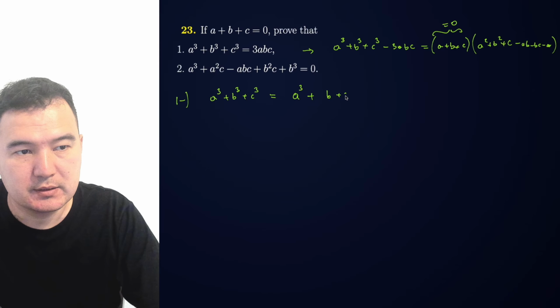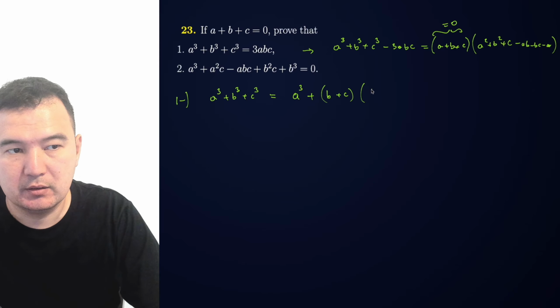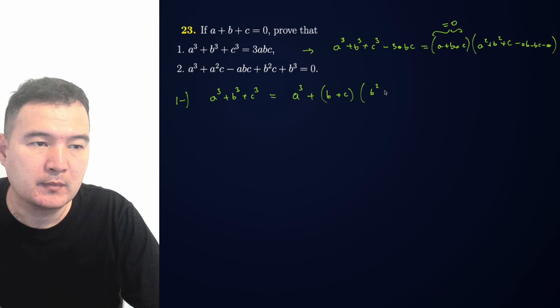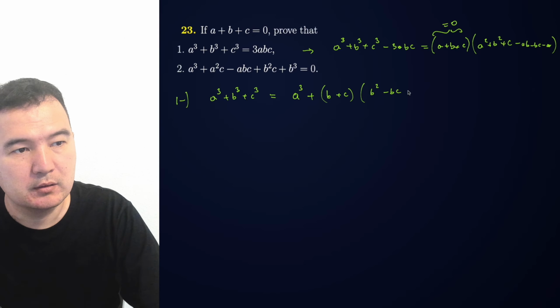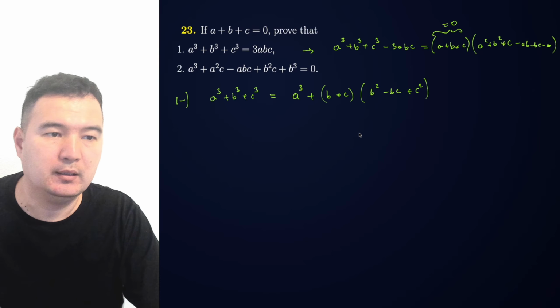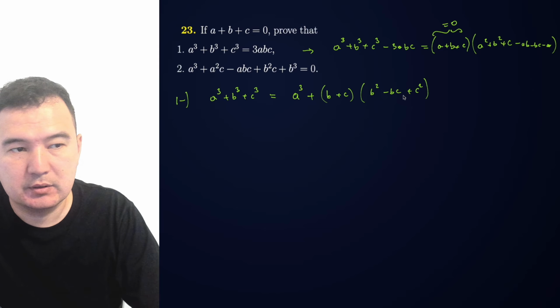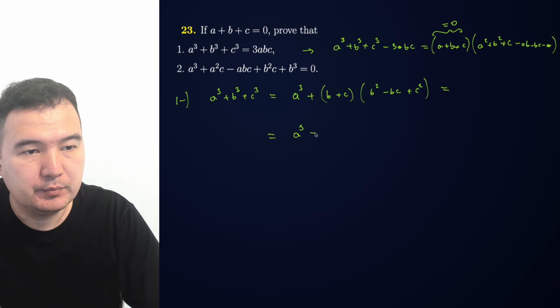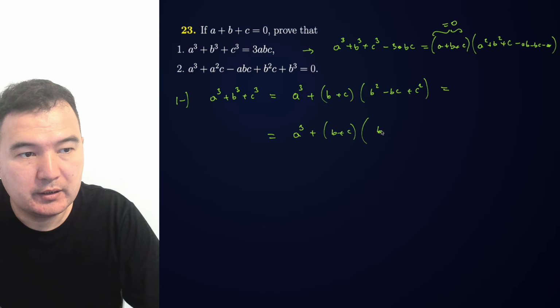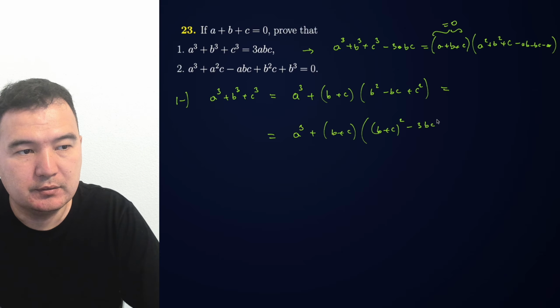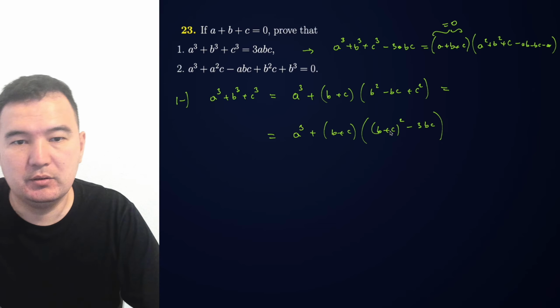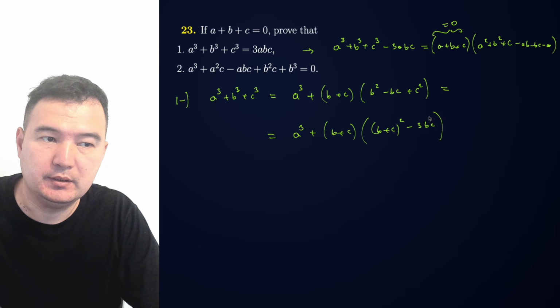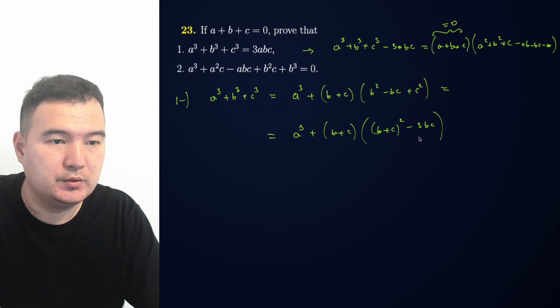Here we have b plus c cube, and then the formula for b squared minus bc plus c squared, right? And then again, I can rewrite this in the following way: a cube plus b plus c, and this I can rewrite as b plus c squared minus 3bc. If you open the parentheses, you get 2bc minus 3bc. So that gives you what you need.